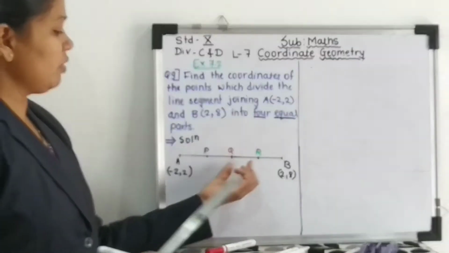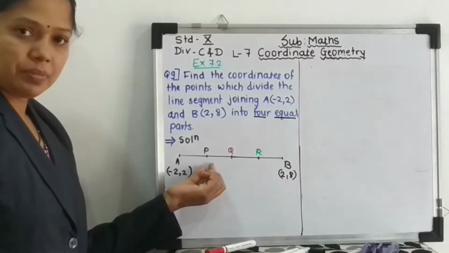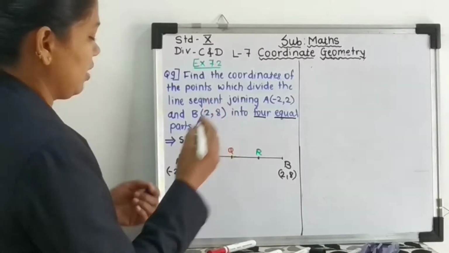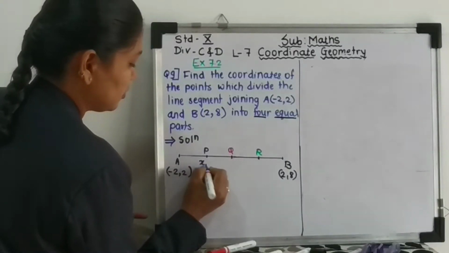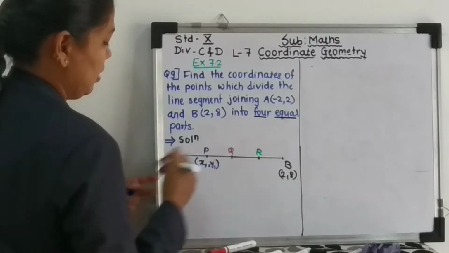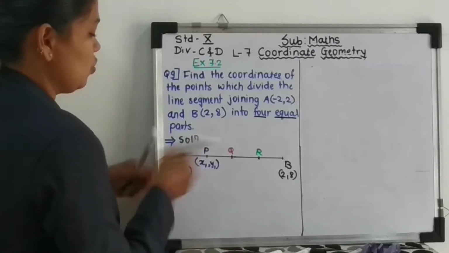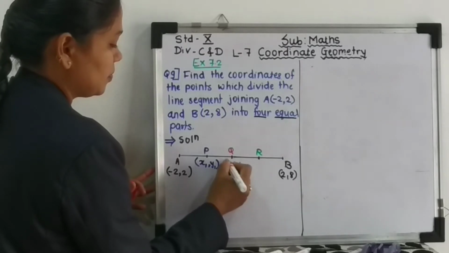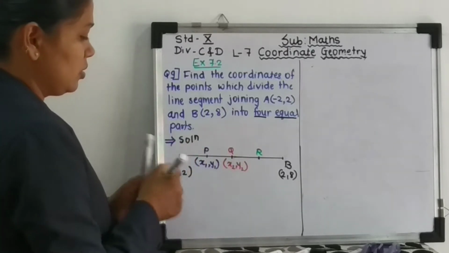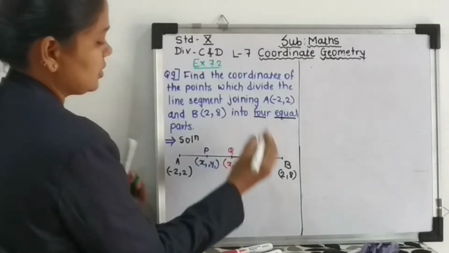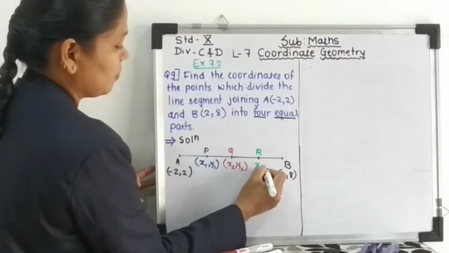Now we will write the different points: P as x1, y1, then Q point as x2, y2, and R point as x3, y3.